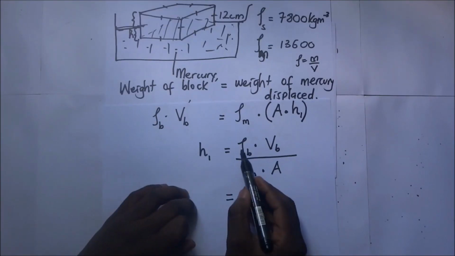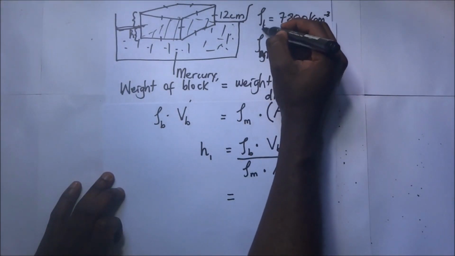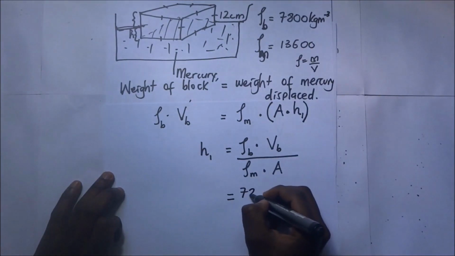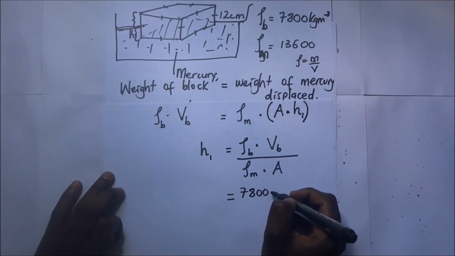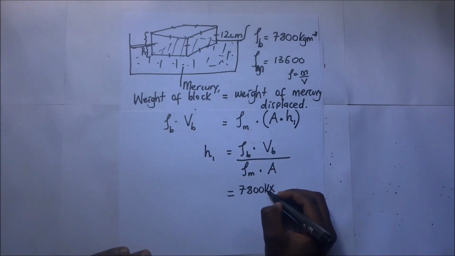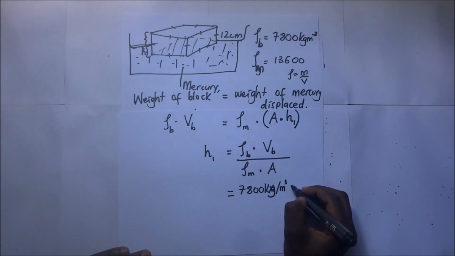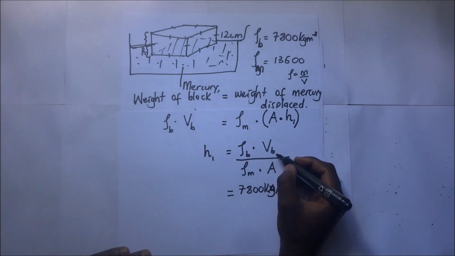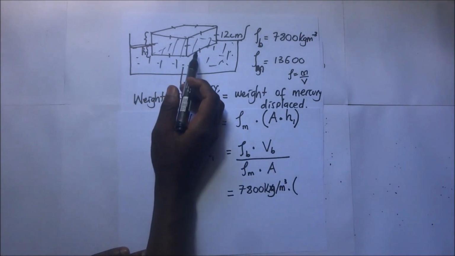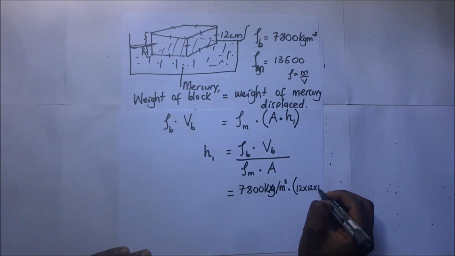In this case, the density of the block is given in the question as 7.8, which is the density of the solid block, given by 7,800 kilograms per meter cubed. Multiply that by the volume of the block. Of course, the volume of the block, it is 12 centimeters all through, so it is 12 times 12 times 12.